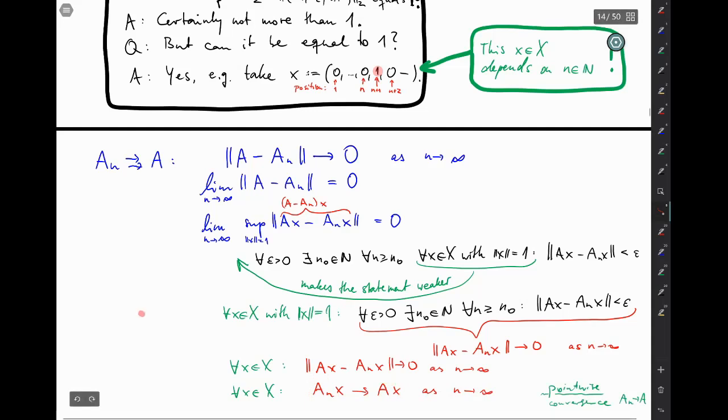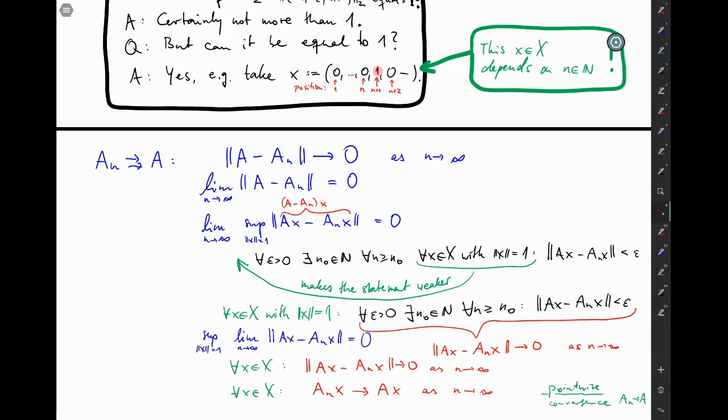Maybe it helps if we abbreviate this line here by the following, because basically we're saying that the limit of this expression is 0 for every x. So you could say the supremum of all x's of that limit is 0.